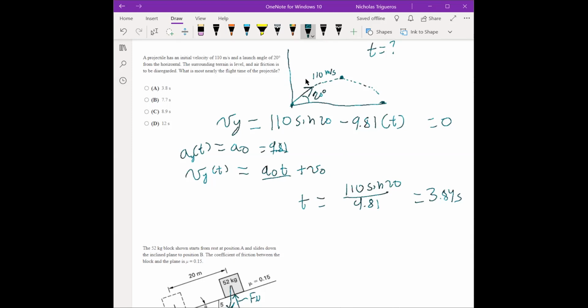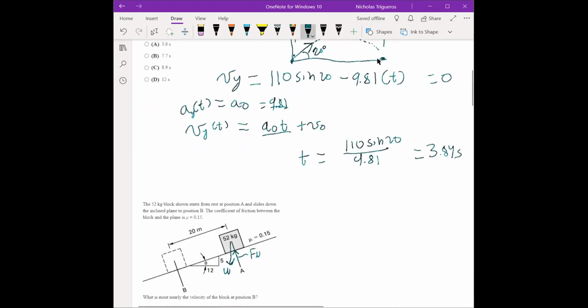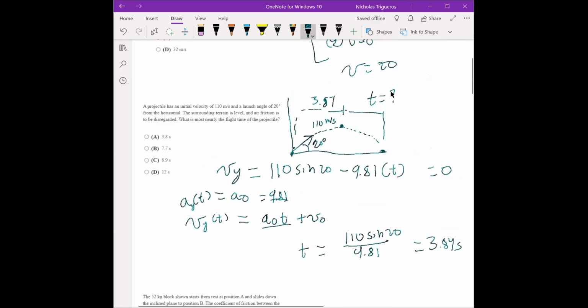We know the time it takes to get from here to here is 3.84. Now from here to here, what do you think that time is? See, my simple brain wants to say that it would just be the same time. Why do you think that?